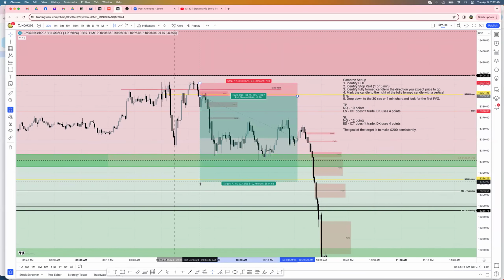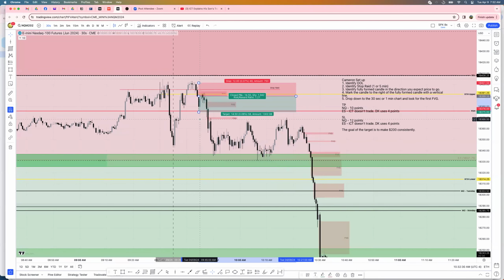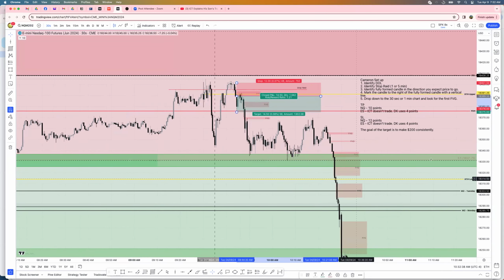And then maybe you could take it down to midnight open, you know what I mean? Or maybe you could take it to the gap fill, so you could participate in a bigger move. But as DK says, I'm focusing on getting consistent with the $200, and that's it. So that's your trade. It worked out beautifully today. Good God, look at that.